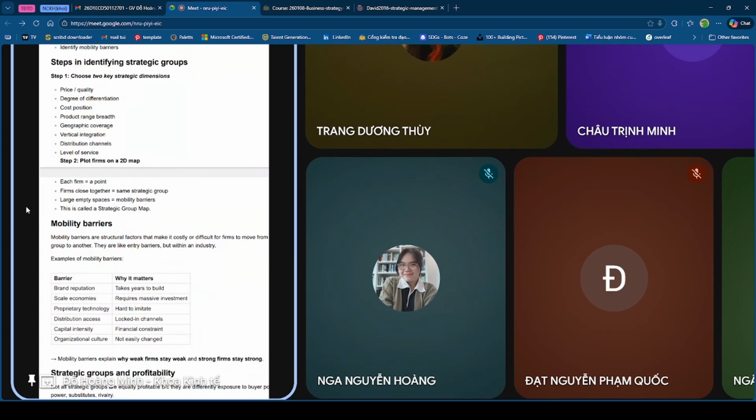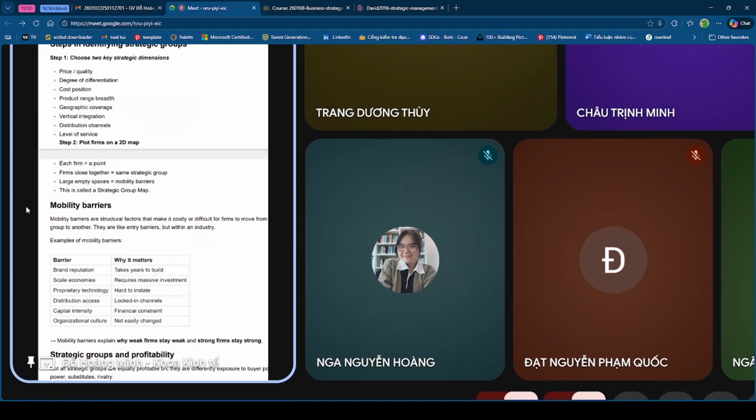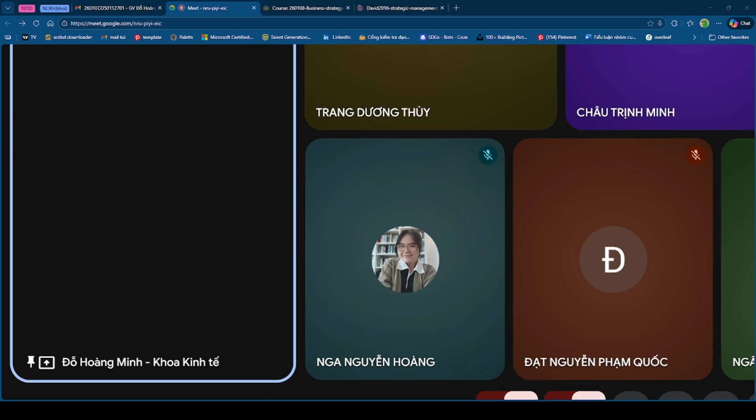However, the firms within one group are identical. Because they are identical, we decide to group them into one same group.